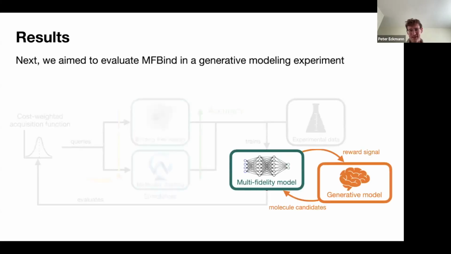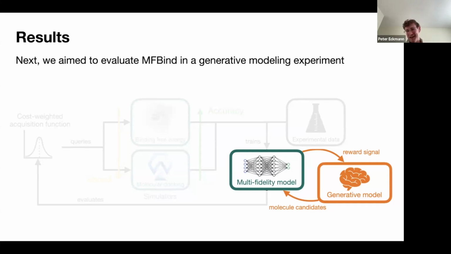Next, after the experiments on the surrogate modeling, we aim to evaluate MFBind in a generative modeling experiment. We got a question about what regularizations were used. The regularization we did on the prediction heads is just the L2 regularization. We also got a question about whether we assigned a time cost to querying the experimental data.